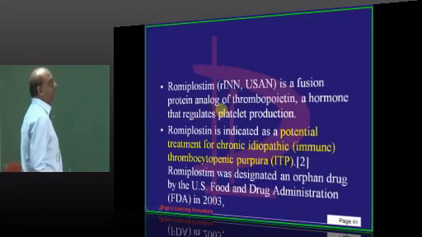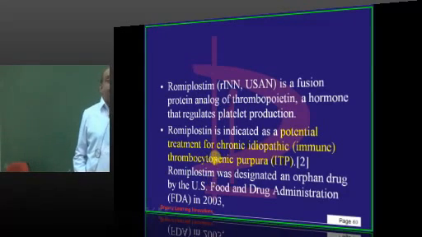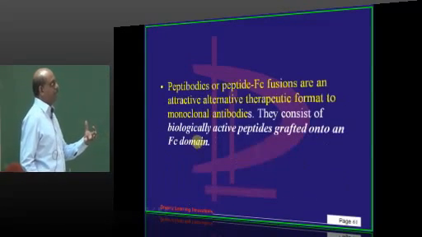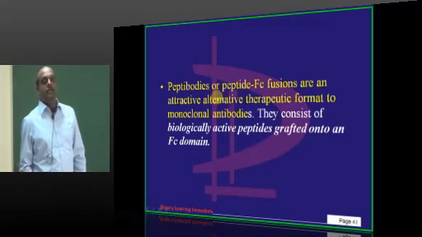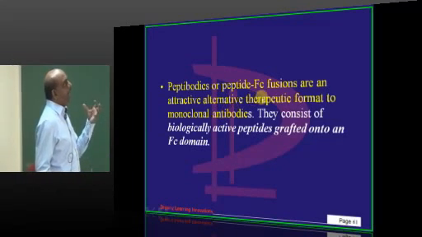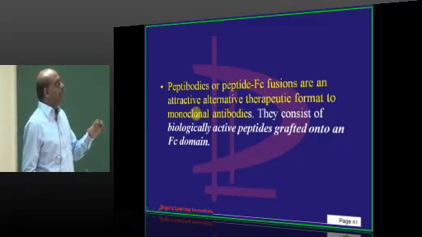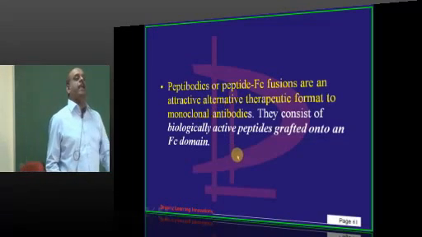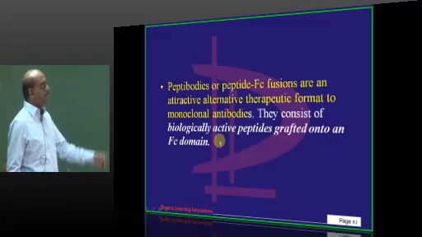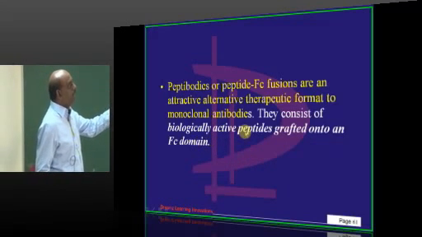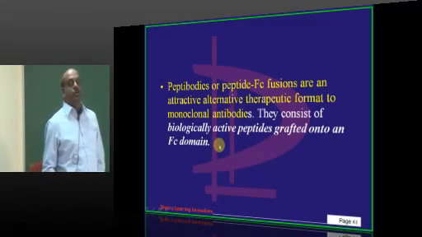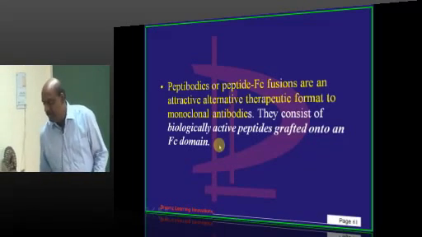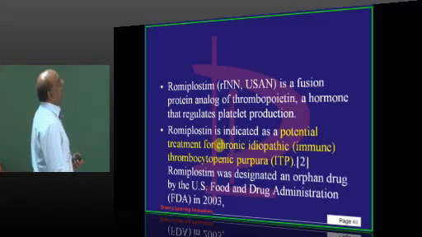What is that new method? They are creating fusion proteins. Peptibodies, they are also called peptide FC fusions. They are an alternative therapeutic format of the monoclonal antibodies, where they contain the biologically active peptides grafted onto a FC domain, is basically called a peptibody.